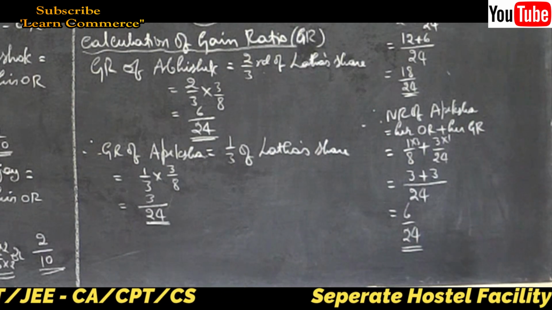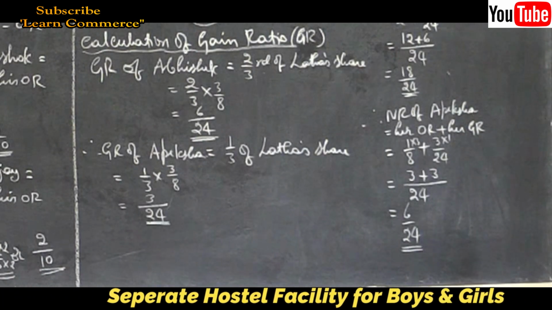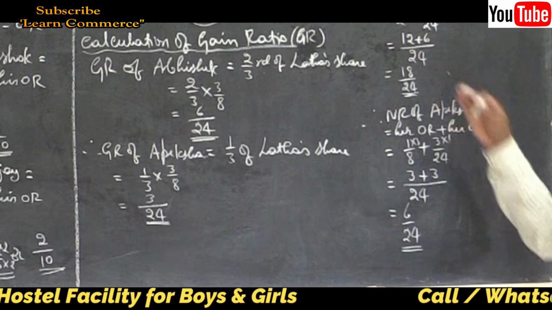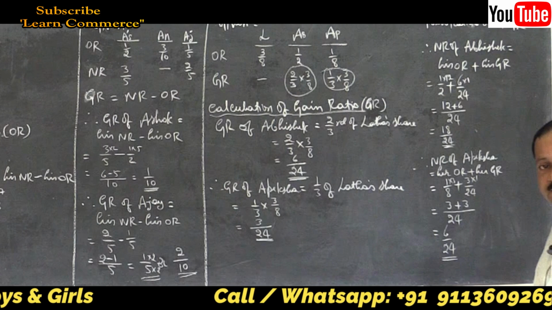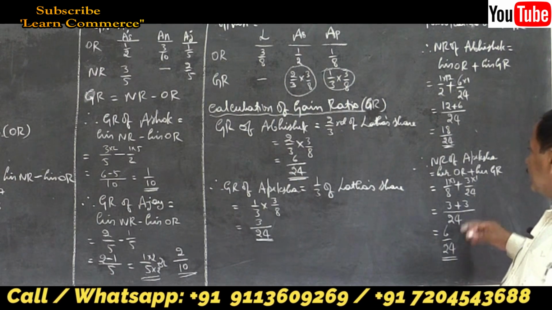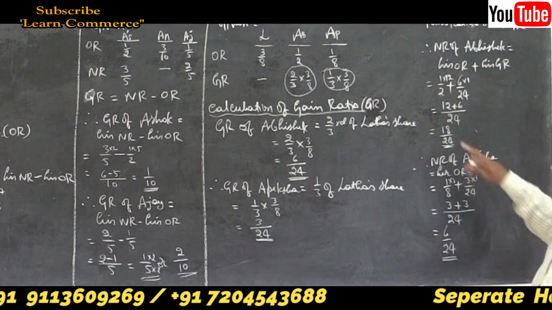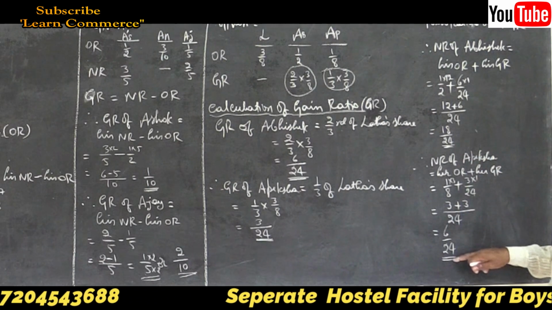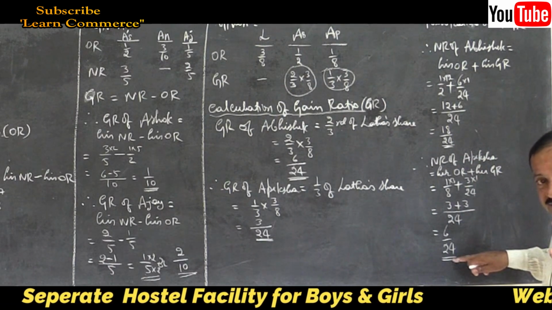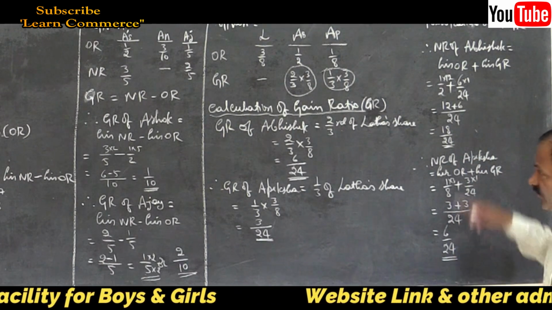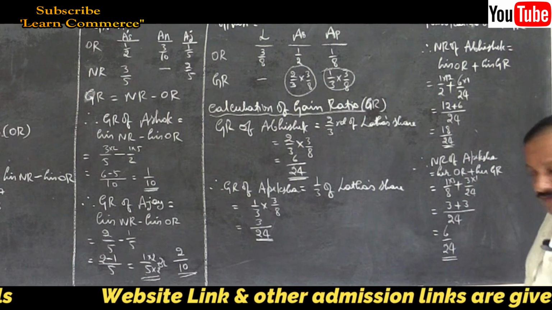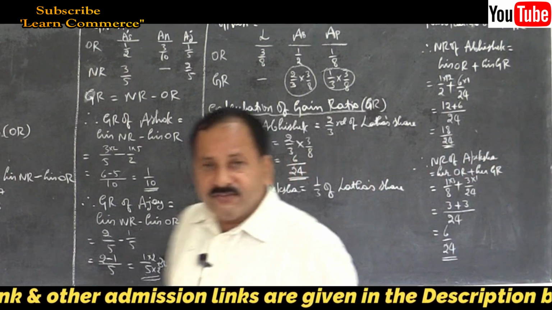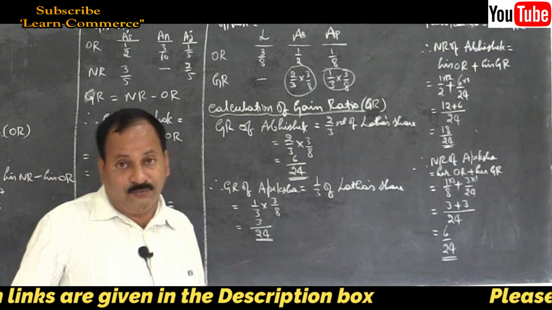New ratios of Abhishek and Apeksha is equal to 18 by 24 is to 6 by 24. You just check it. 18 plus 6, 24 agrees with the denominator. Am I correct? So your answer is correct. So just check like that. Very simple. Write in one sentence. The last answer you have to write. Final answer you should write.